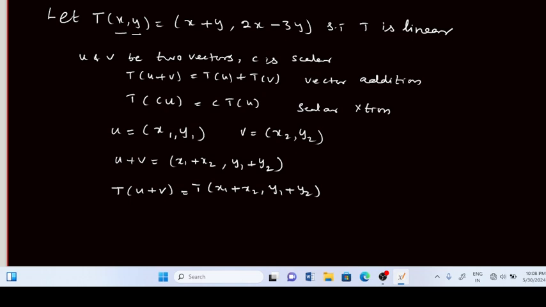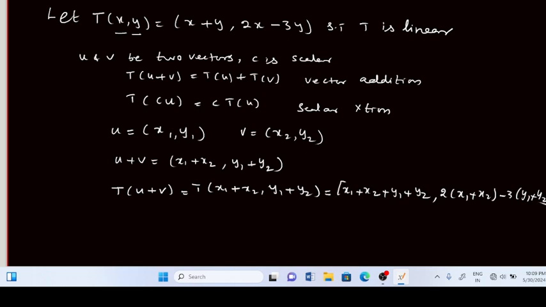So we substitute x1 plus x2 as x and y1 plus y2 as y. Instead of x we write x1 plus x2, plus y1 plus y2, comma, and for 2x minus 3y, 2 times (x1 plus x2) minus 3 times (y1 plus y2).